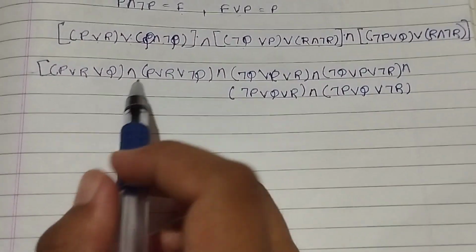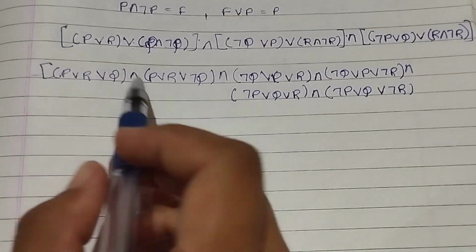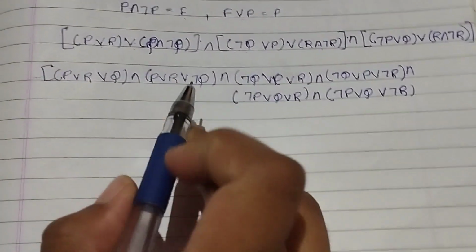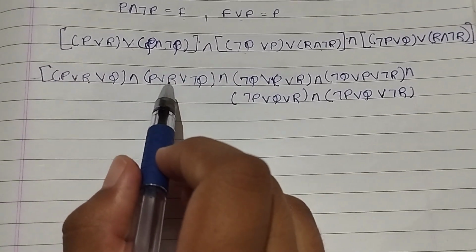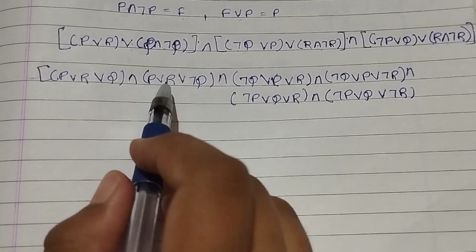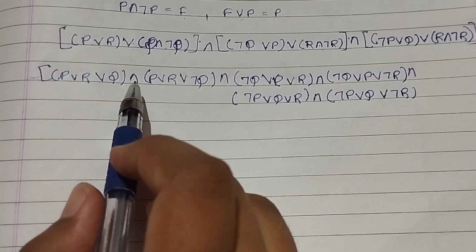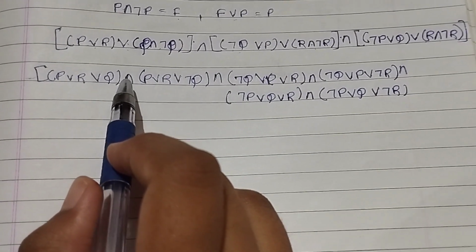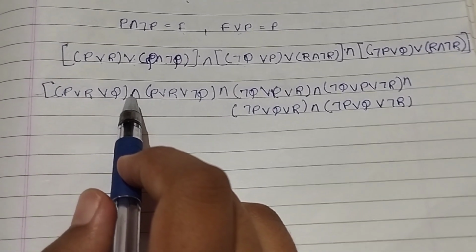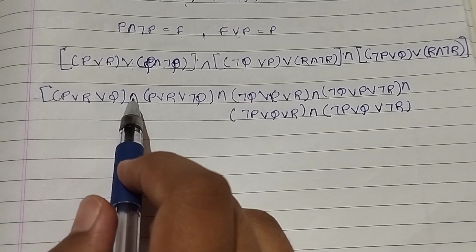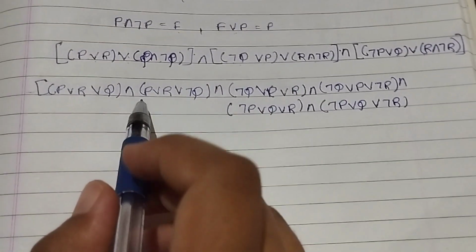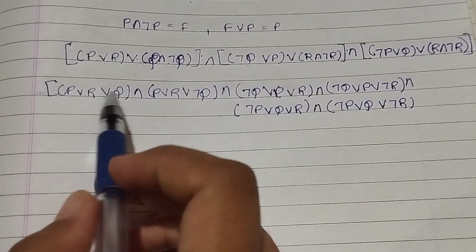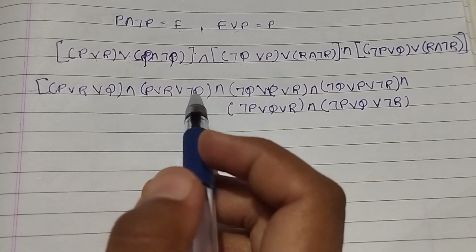So if we see carefully, each small bracket is formed with the help of the OR connective, and those brackets are connected with AND. So now we get the idea. This is the CNF, PCNF equation. But first we see whether any bracket is repeated.